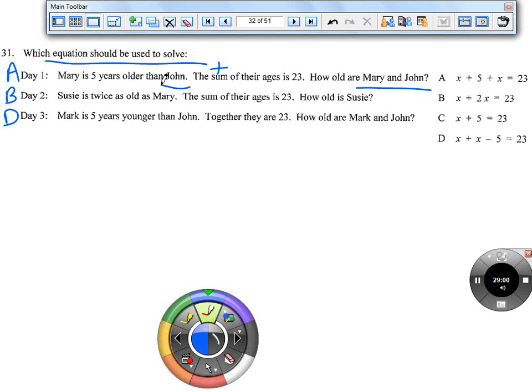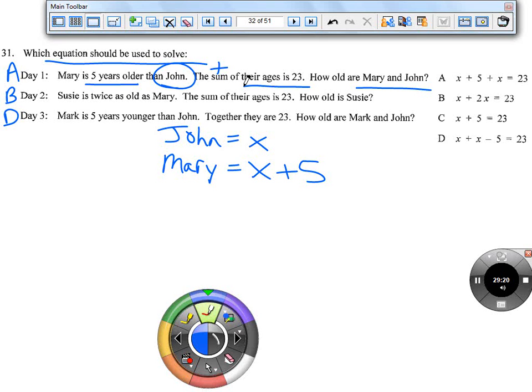So let's say that John is X. If we let John be X, then Mary is 5 years older than John, so Mary would be John's age plus 5. To figure out the sum of their ages, we add those 2 ages together and set it equal to 23. So John is X, Mary is X plus 5, and we say that equals 23. And that's really it. We just look for the answer that represents that. So that's why it's this one.